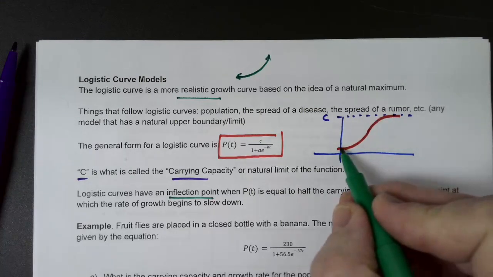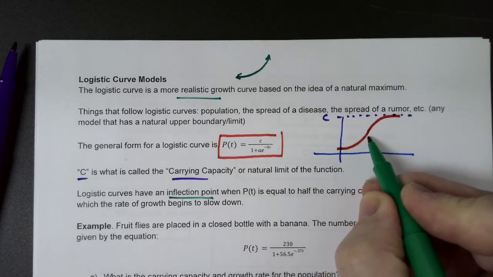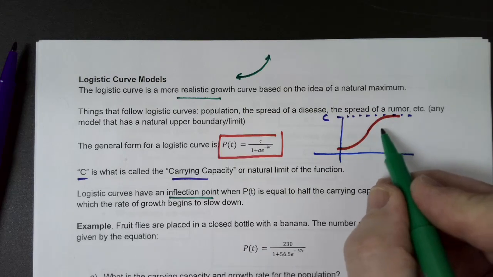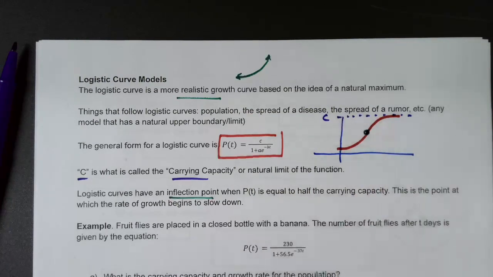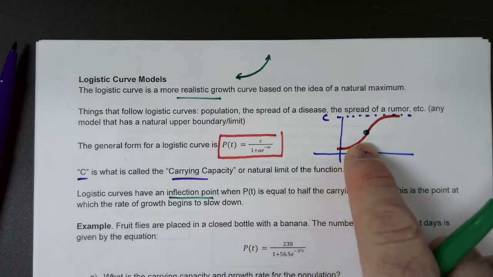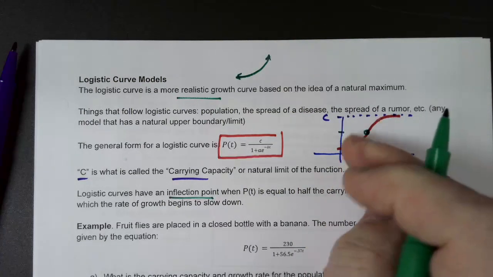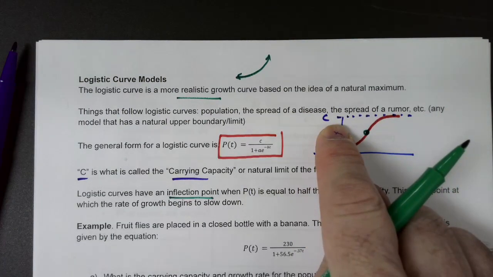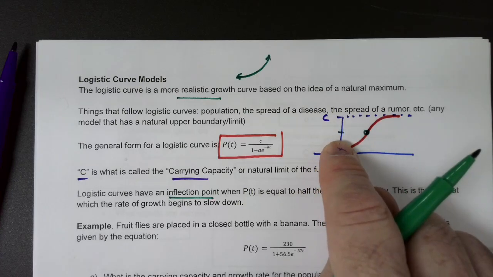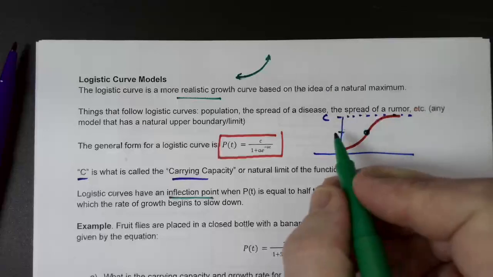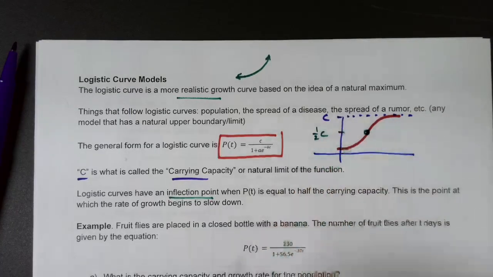You can see that's where it kind of does the happy parabola type shape to the sad parabola type shape. It kind of changes shape. This right here is called the inflection point, where it changes from being what we call concave up to concave down. Okay? And the cool thing about this is, if the carrying capacity is 100, this is going to be 50. If the carrying capacity is 1,000, this will be 500. This is always 1/2 of the carrying capacity.